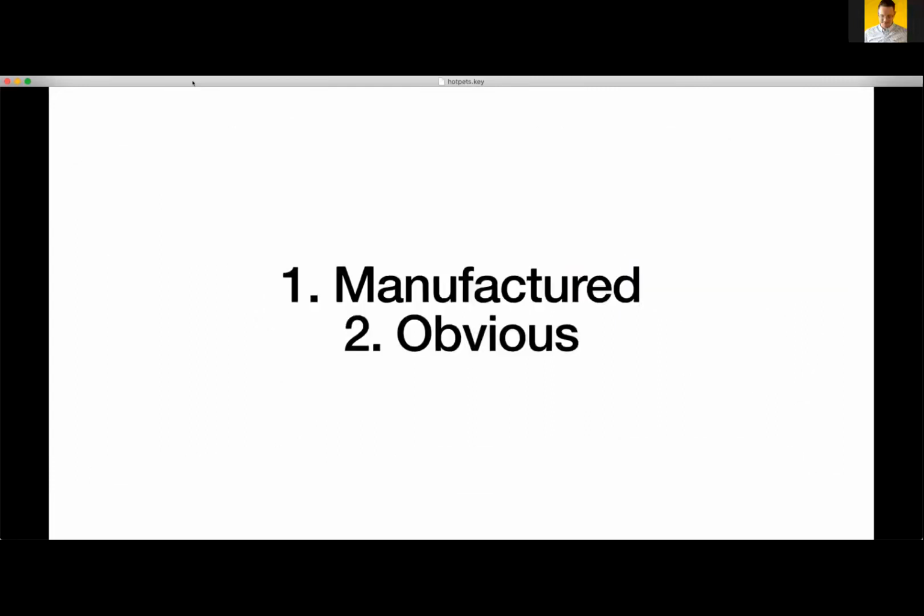So at this point, you might be thinking two things. The first thing you might be thinking is that these problems are somewhat manufactured. And to that, I'll say that these are all demonstrated issues with these systems. There are empirical analyses that show that these are real things, and the attacks can be performed by real adversaries at low costs.